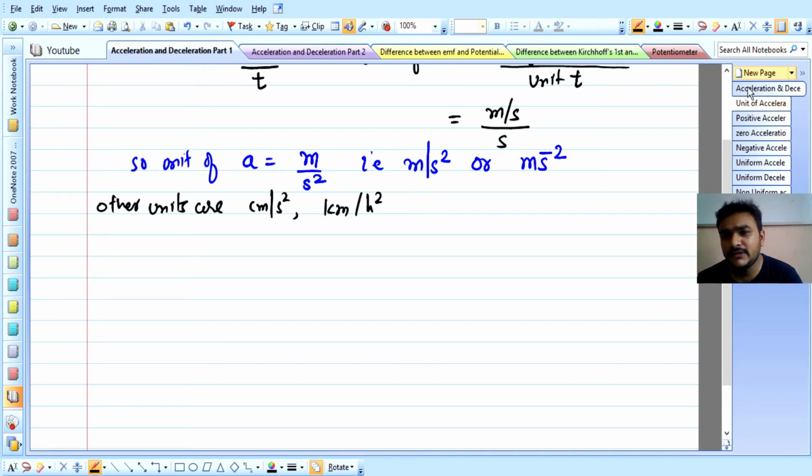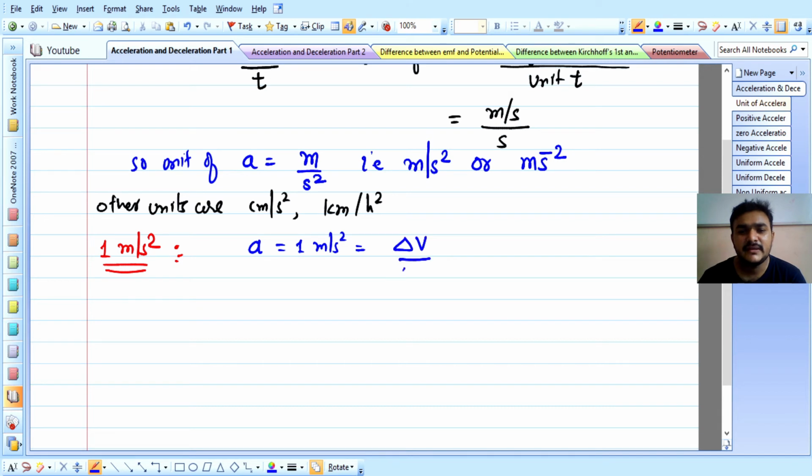Now if I want to define what is 1 meter per second square, what is 1 meter per second square acceleration? Definition. Let me give the example. We know that if we require acceleration of 1 meter per second square, then the change in velocity by change in time has to be 1 meter per second, okay, by 1 second.